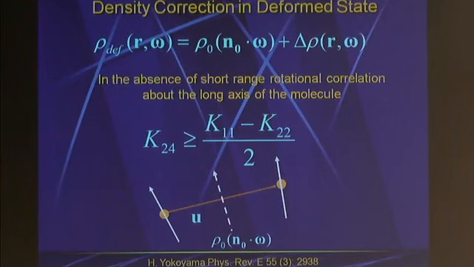But as long as we assume that the orientational correlation is almost negligibly small with respect to the rotation around the long axis of the molecule, only the K11 correction works here, because corrections to K24 and K22 are related to rotation around the long axis. So this one only is reduced a little bit from Cauchy's relation. So it is most likely that we have an inequality like that.